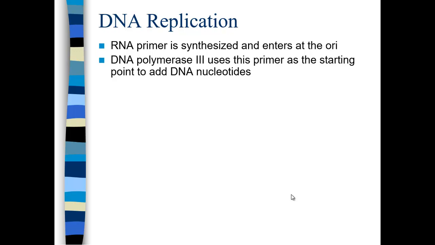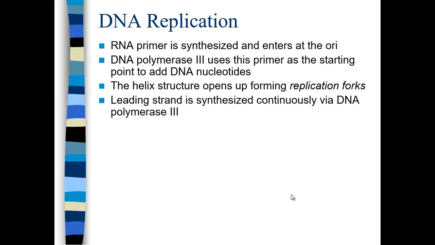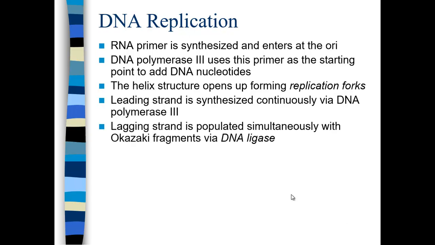DNA polymerase III uses this primer as a starting point to add DNA nucleotides. The helix structure opens up via helicase, and that forms replication forks. The leading strand is synthesized continuously, a single nucleotide at a time, using DNA polymerase III. The lagging strand is populated simultaneously with Okazaki fragments, which are small fragments of DNA, and these are glued together via DNA ligase.